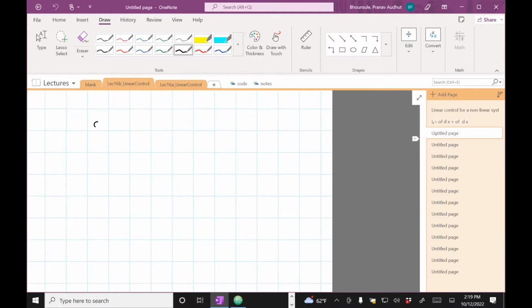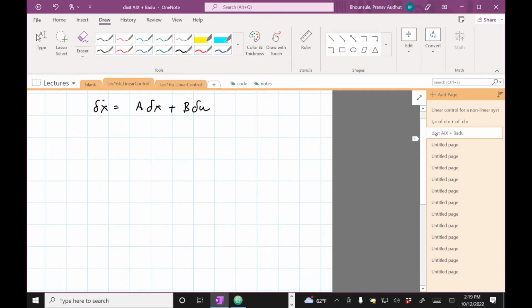Okay, so we have dx dot equals A dx plus B du. So here f is going to be v cosine theta, v sine theta, and omega. And remember that x is x, y, theta.